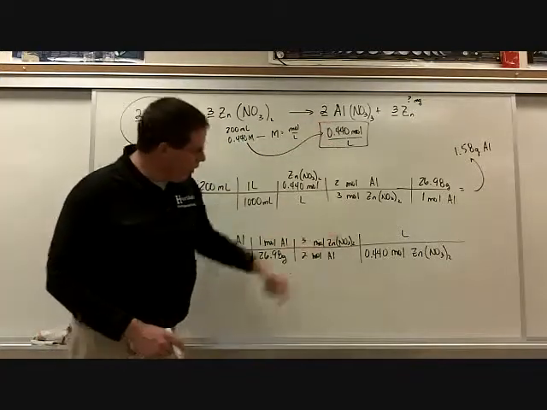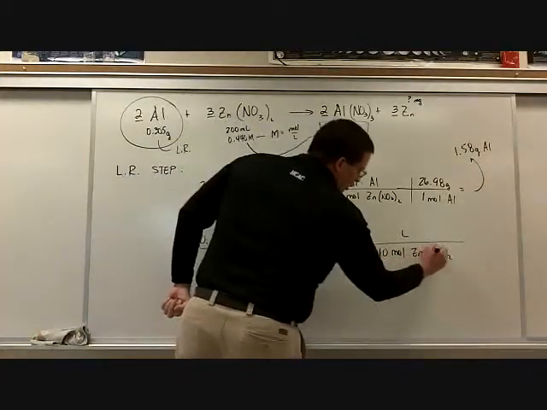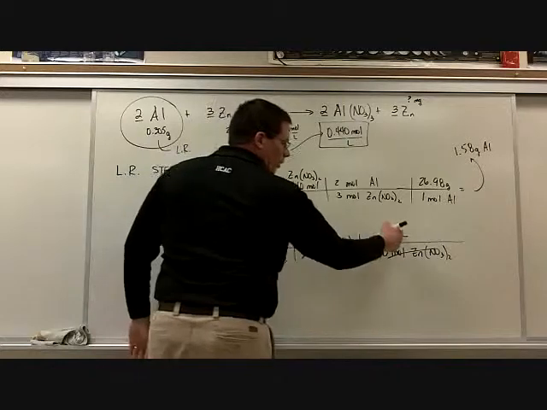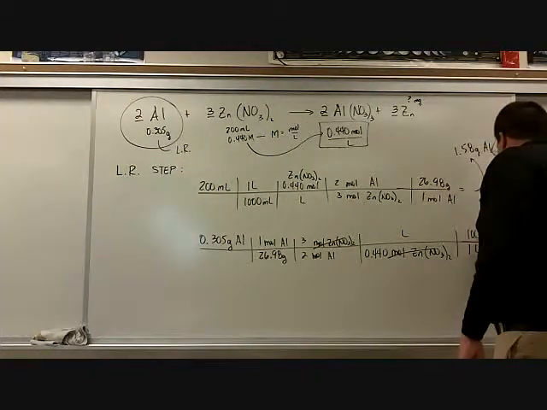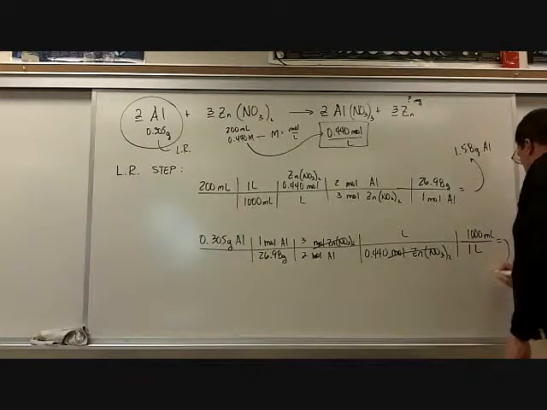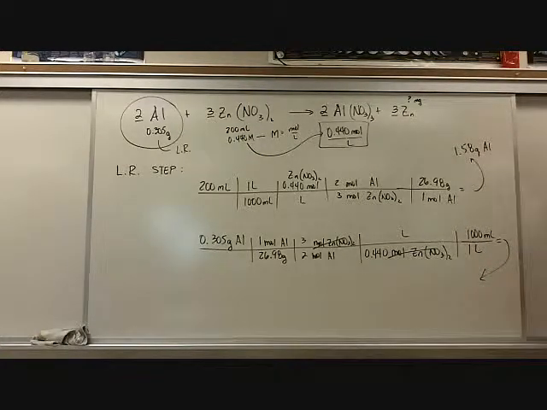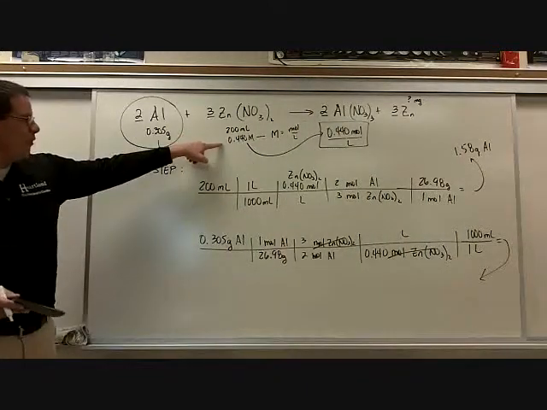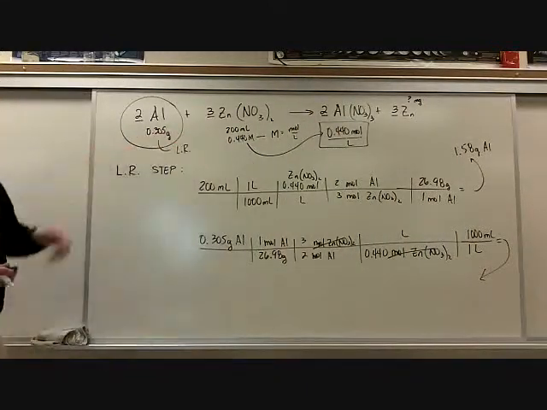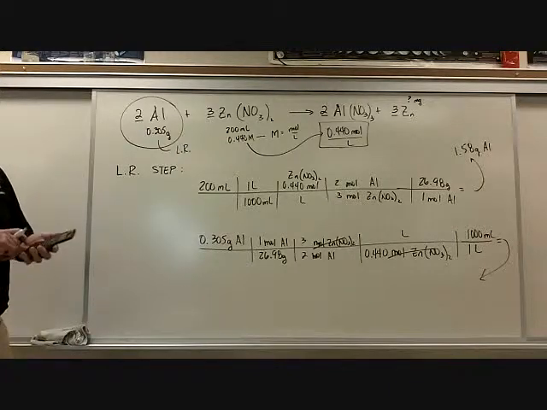The reason we inverted it is so that we could cancel out our units, moles of zinc, and get a volume. Then we would go one more step and put our milliliters on top. By doing this, we can find out how many milliliters of this 0.44 will actually react with the 0.35. So it's like dividing by a fraction, we have to multiply by switching.